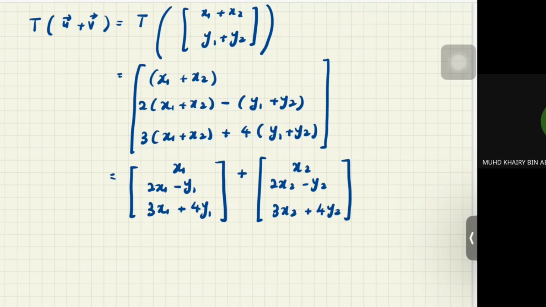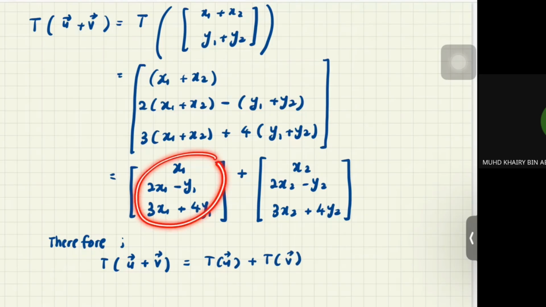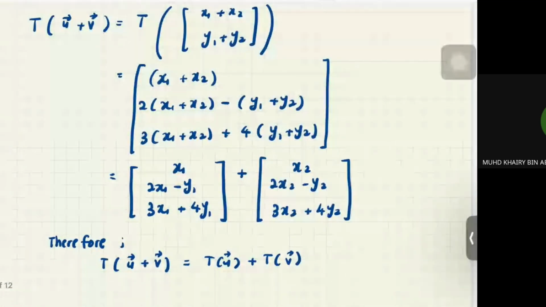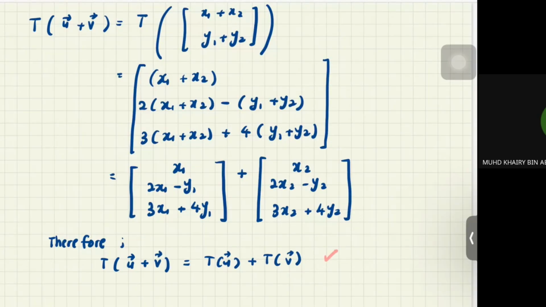Therefore, T(u plus v) is equal to T(u) plus T(v), right? This is T(u) and this is T(v). So you just proved the second condition.